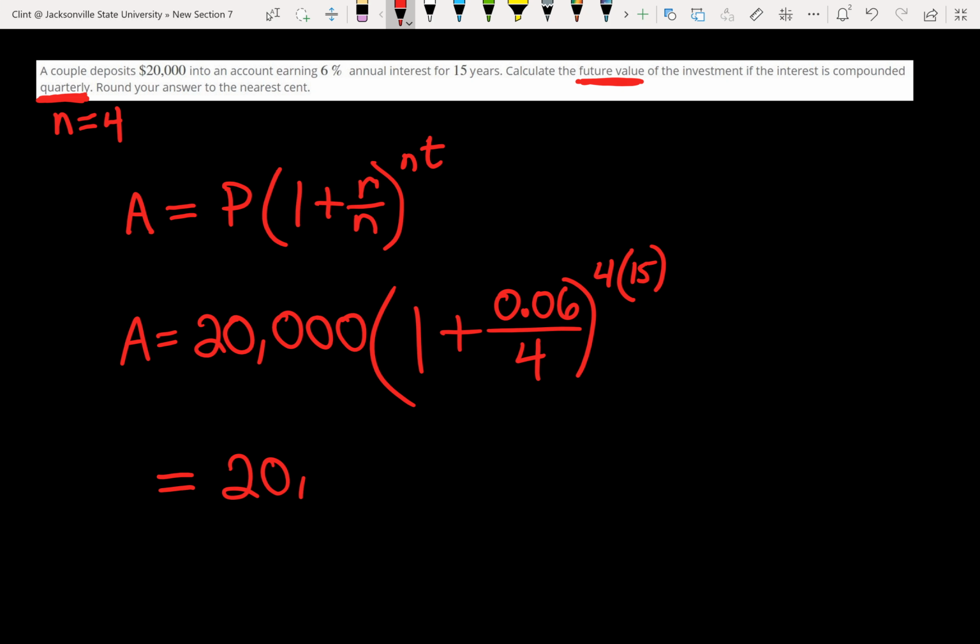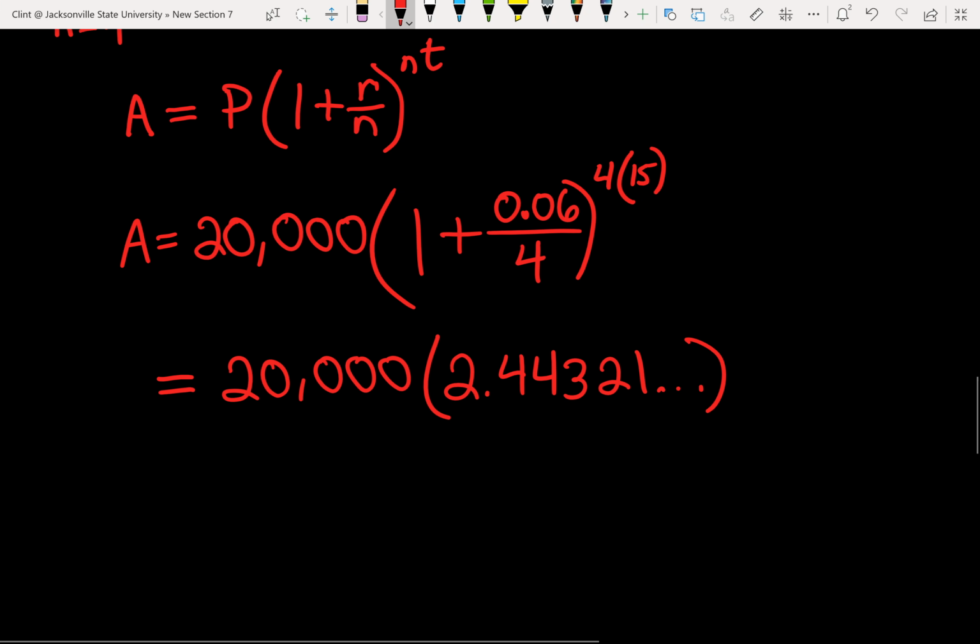So I haven't done the 20,000 part yet, but I get 2.44321. You can just leave it in your calculator, okay? You don't have to write it down, but now I've got that long number in my calculator times 20,000. And then we can round to the nearest cent at the end.